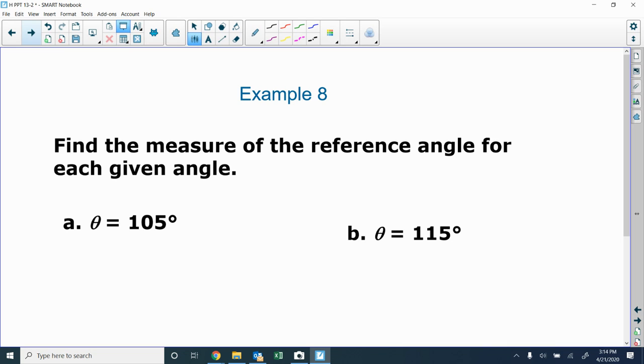Now you might start to think about them without even drawing them out. 105. What would be the reference angle of 105? Well, I'm going to head back down to 180 there, so it is 75 degrees. And 115, of course, would be 65 degrees.